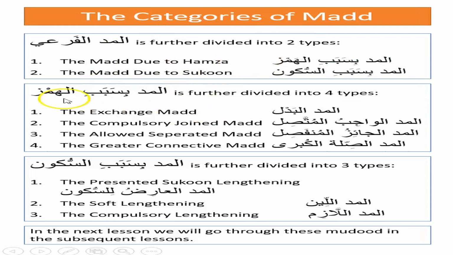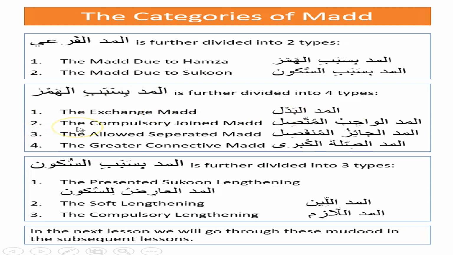The med due to a hamza is further divided into four types. So the med because of a hamza, which is one of the maddul far'i, is further divided into four types. The first one is the exchange med, or the exchanged med, al-maddul badl.